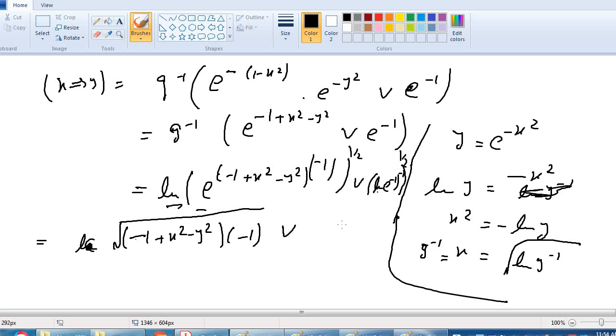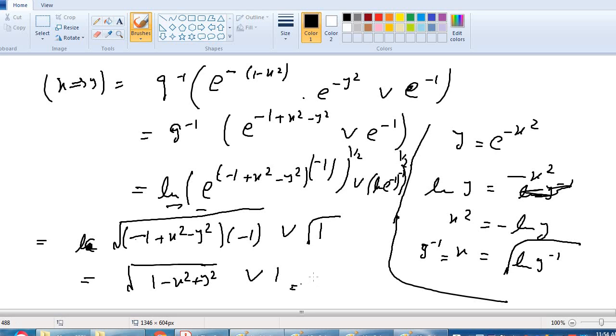Here ln and e again cancel each other, and minus 1 into minus 1 we will get 1, power under root. We multiply by minus 1 here, we will get 1 minus x square plus y square, union 1. So this is our answer.